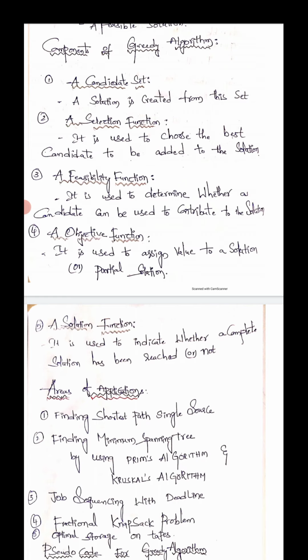And coming to the second one, the selection function. The selection function is used to choose the best candidate to be added to the solution. And the third one is the feasibility function.